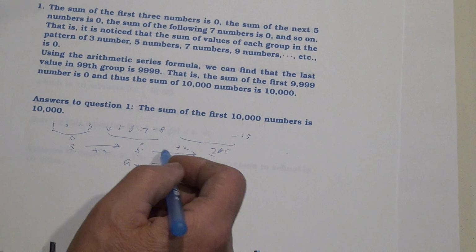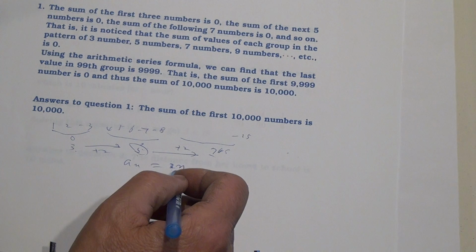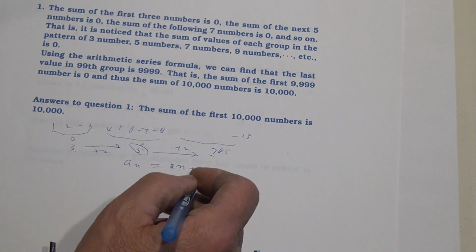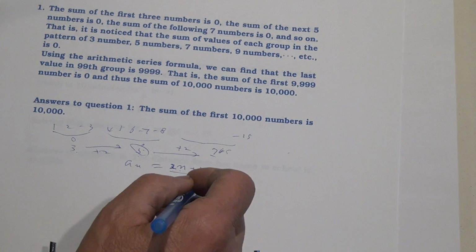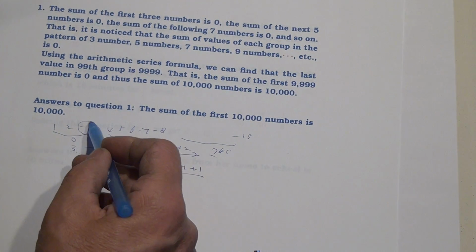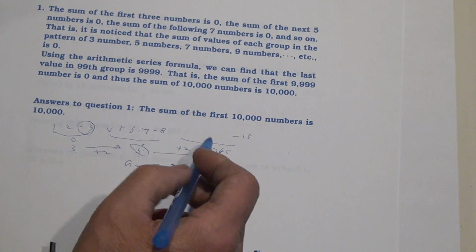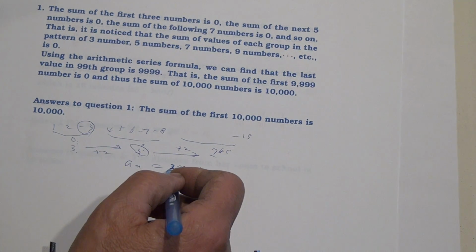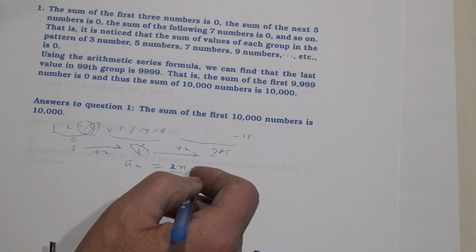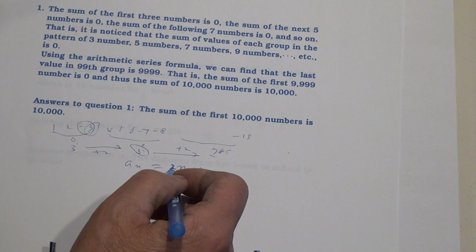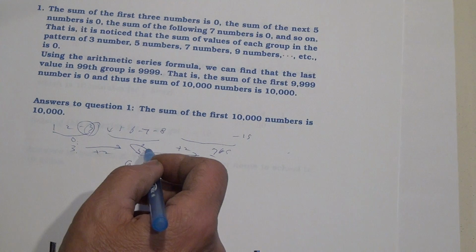For example, the second term has 5 numbers, so 2 times 2 is 4, and from 4 you add 1 to get 5. So the general term is 2n plus 1. The first group: 1 times 2 is 2, 2 plus 1 is 3. The second: 2 times 2 is 4, 4 plus 1 is 5.